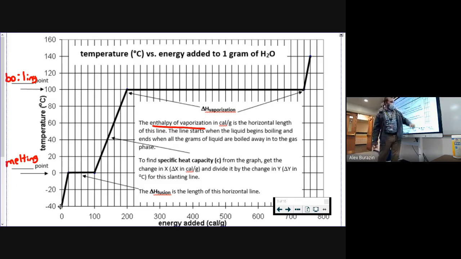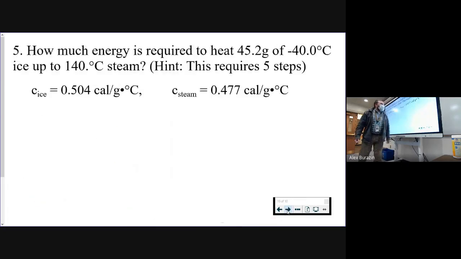And 5 for how much energy it takes to heat up the steam. Okay? So let me get you started. Q1 equals something. Okay? What equation do we want to use for the first chunk of this graph?